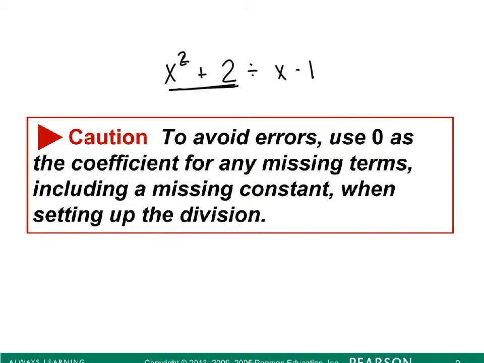So how we would see it in our synthetic division is this right here. Any missing term, like this right here, we need to fill in with a 0, whatever your missing term is, x or x squared, or something like that.